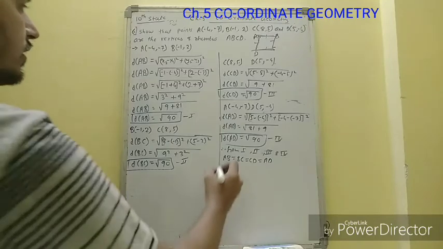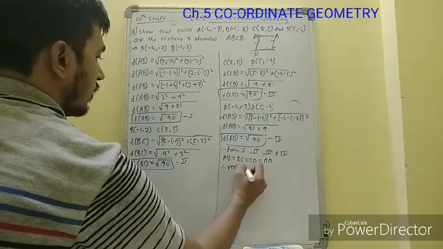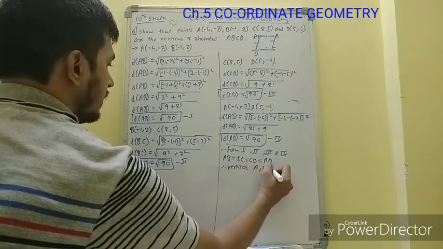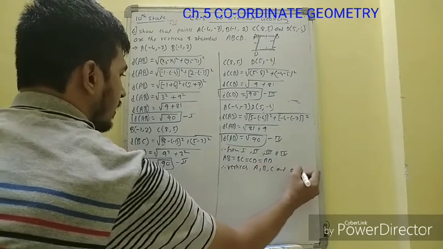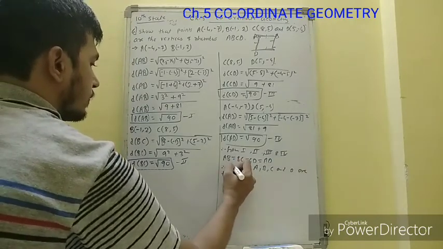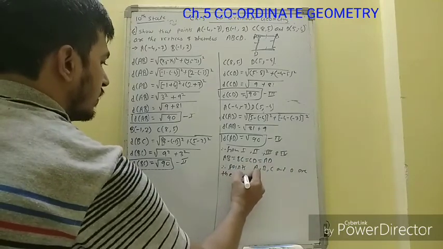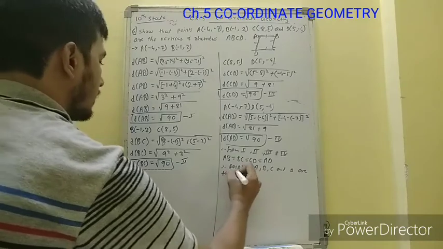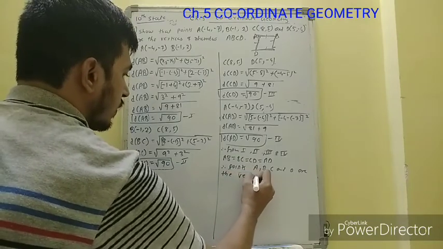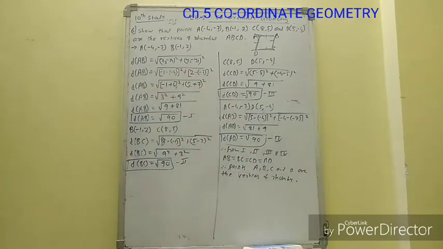All the sides are equal, therefore points A, B, C and D are the vertices of a rhombus. Okay, got it? Please copy it down. It is all about the distance formula, nothing else.